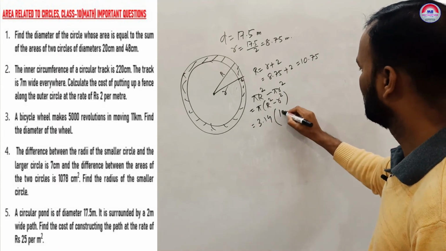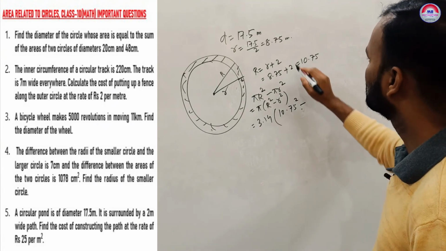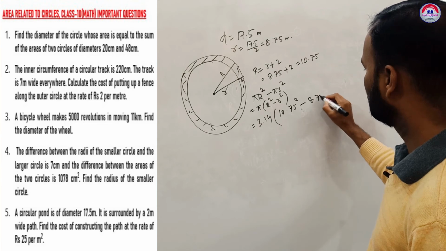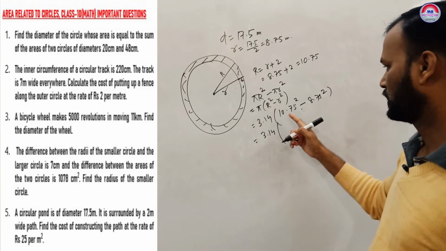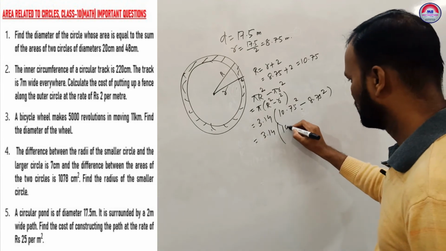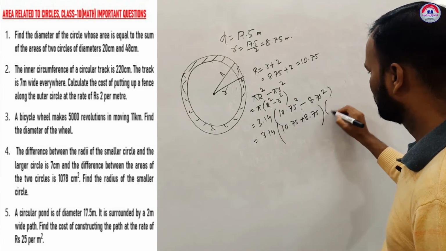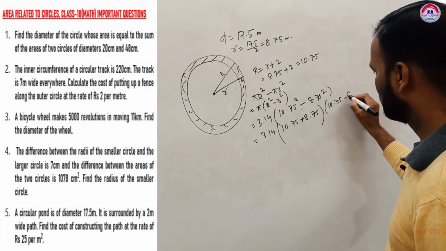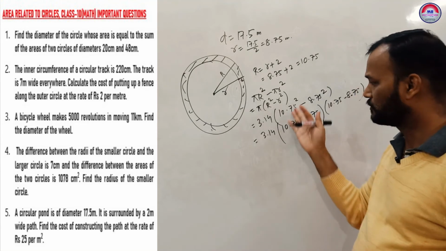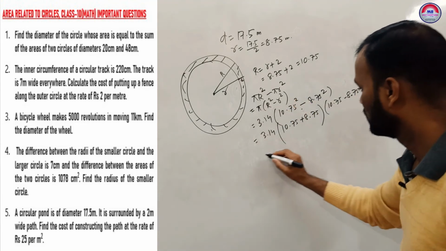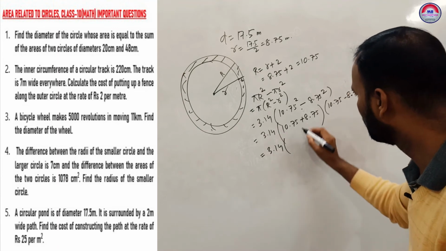Capital R is 10.75 square minus 8.75 square. 3.14 into, you see, a square minus b square, a plus b whole into a minus b. If you put this formula, it will be easy for you. Otherwise, you have to multiply and then find.